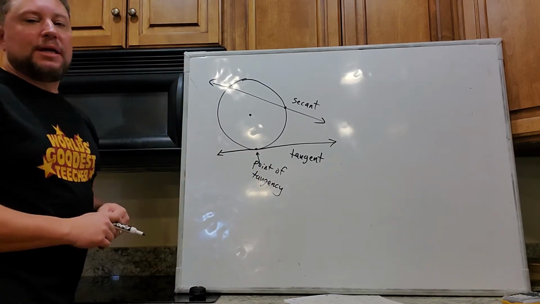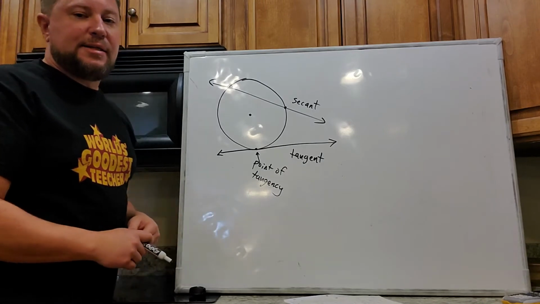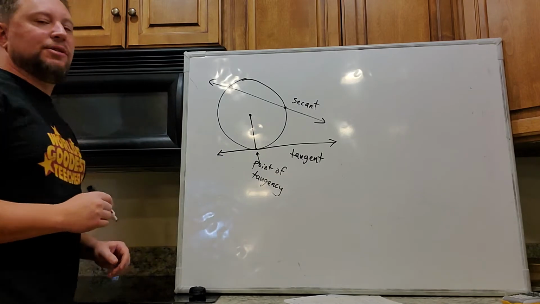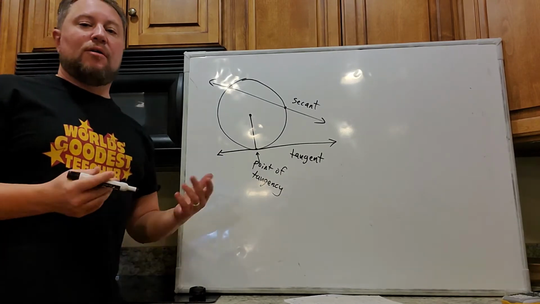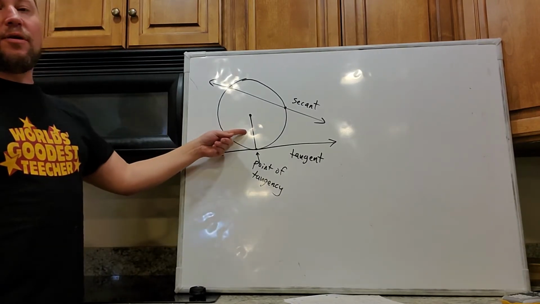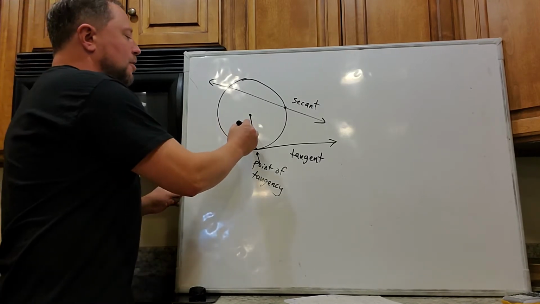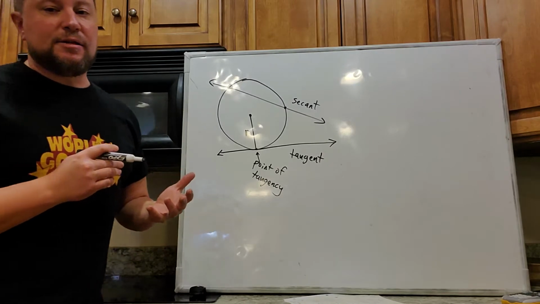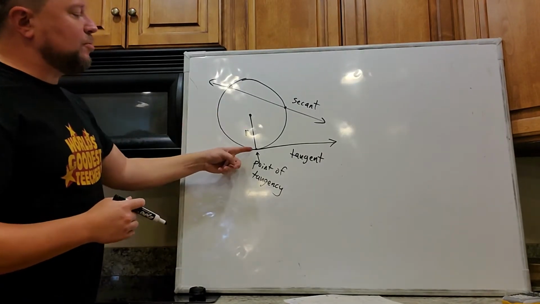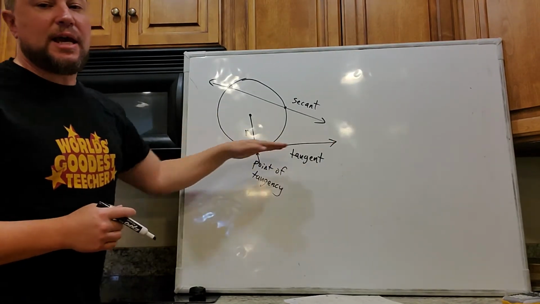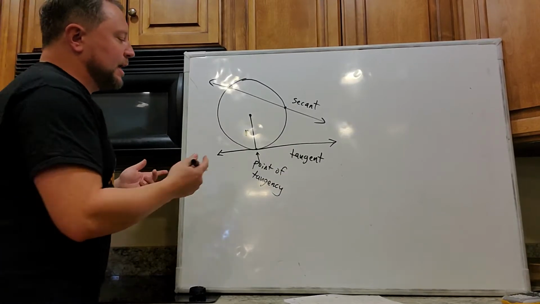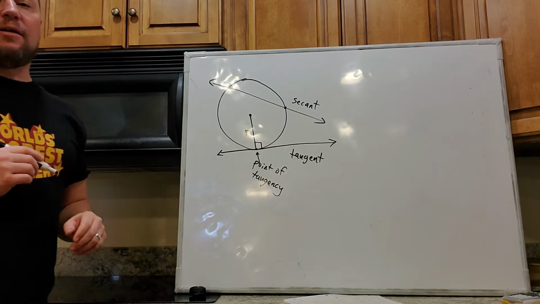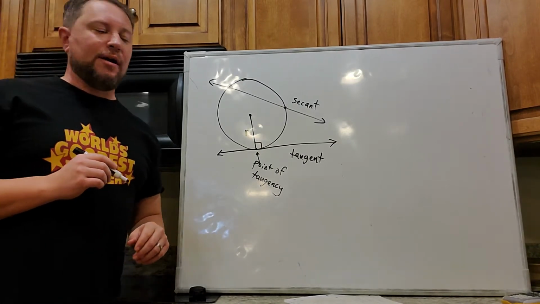And that's important because if we now draw a segment from the center of the circle to that point of tangency, notice that not only is that a radius of the circle, but your gut instinct may be kicking in at this point too. That radius will have a certain relationship to the tangent, and I hope you can guess it. They're always going to be perpendicular. They're going to form a right angle there.